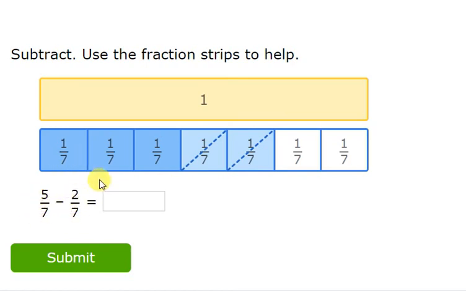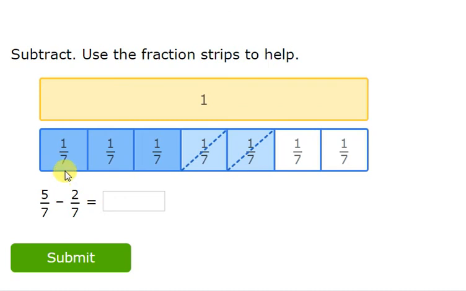Each part is 1/7, because if we divide the whole into parts of this size, each part will be 1/7.